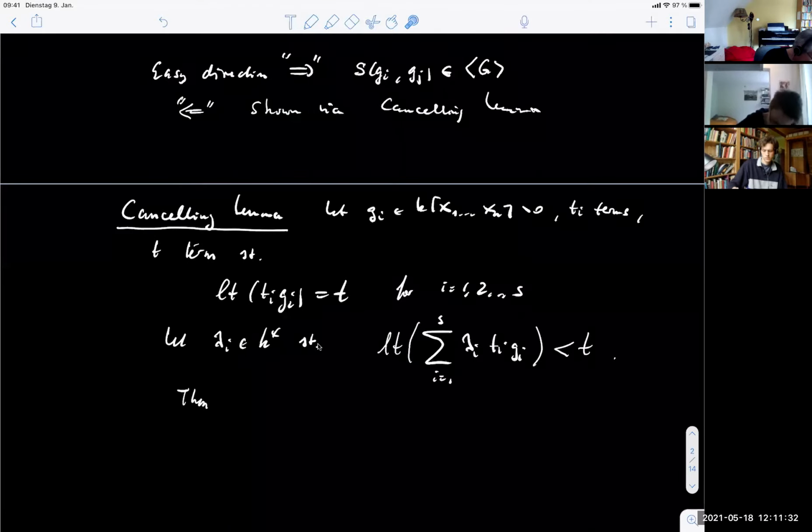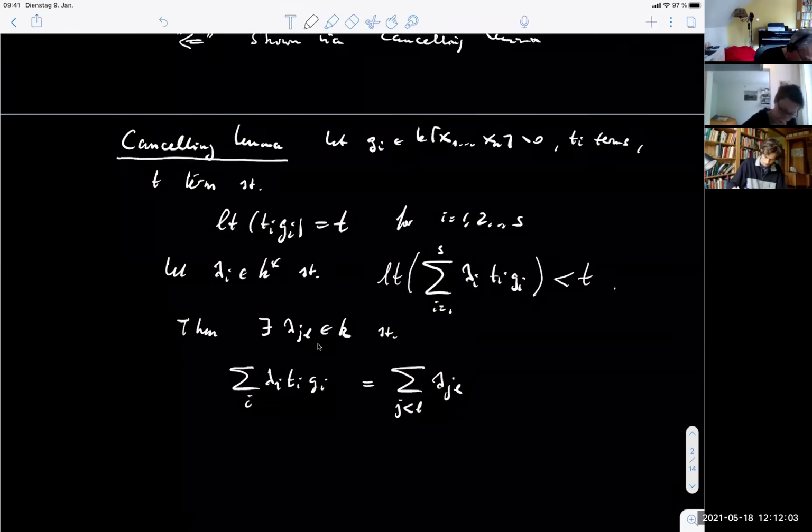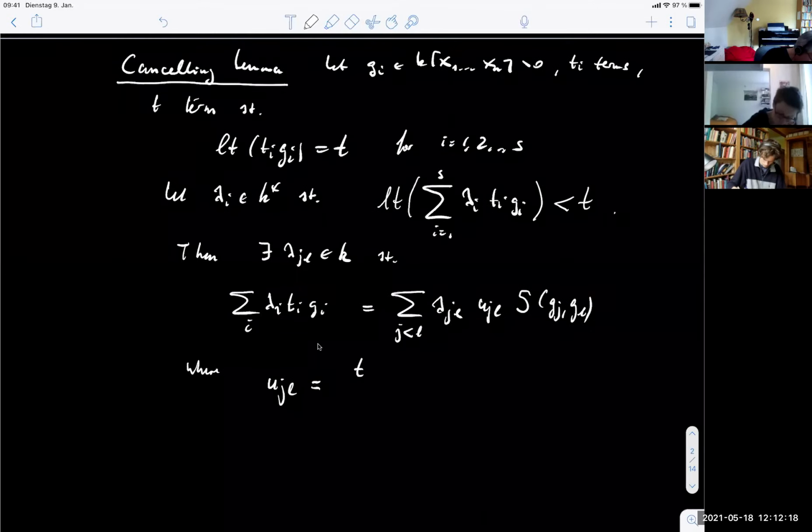So there are some coefficients lambda_JL in K such that this can be written as the sum over J less than L of lambda_JL times U_JL times the S polynomial of G_J and G_L, where U_JL is T divided by the least common multiple of the leading terms of G_J and G_L.